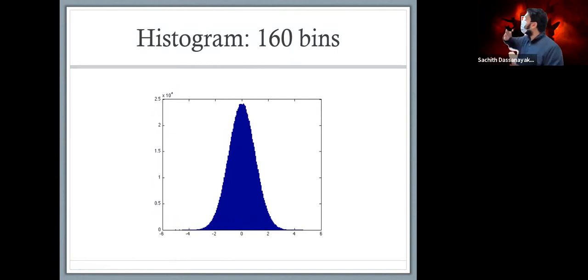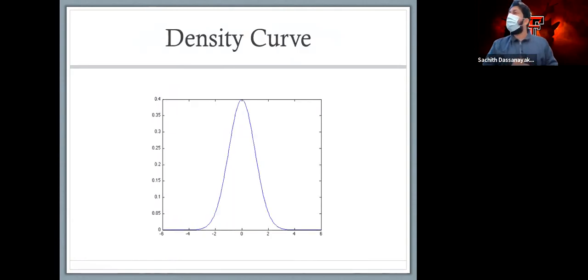Once I connect these edges and remove whatever is inside, you will see a curve. We call this a density curve. So for continuous random variables we consider curves, and those curves are smooth curves.